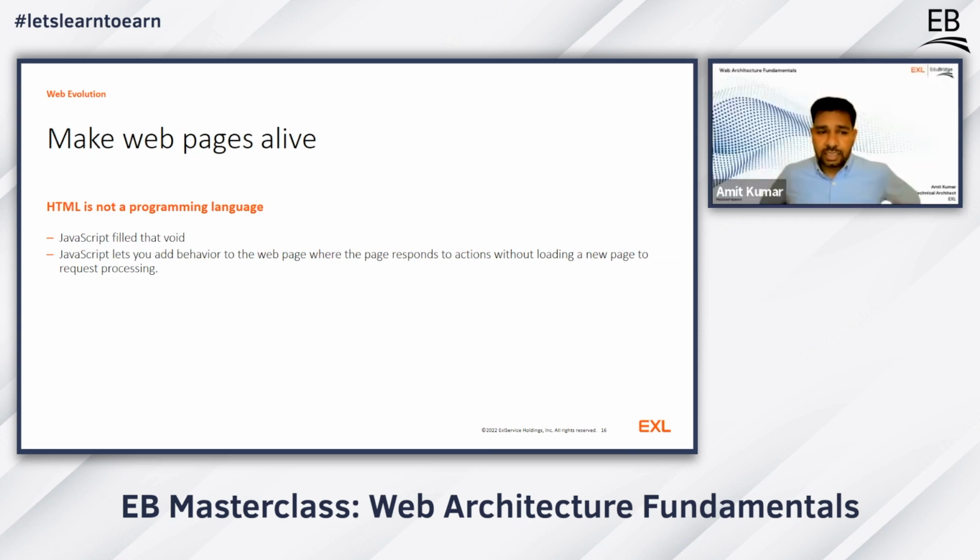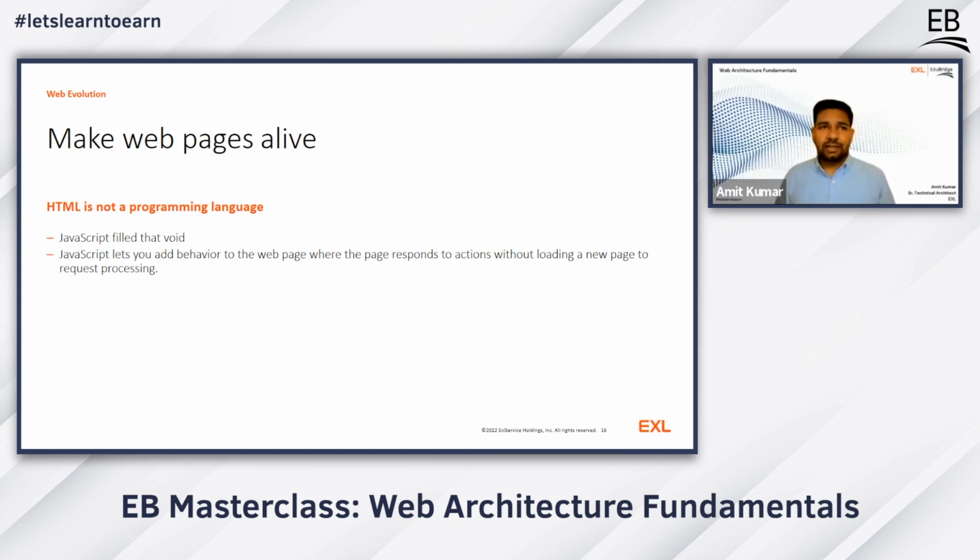So why did JavaScript come? What was the issue? What was the problem? Because any technology evolves if there is a problem we are trying to solve. The problem was that HTML was not a programming language. If you have a basic understanding of any programming language, the language constructs are variables and functions.